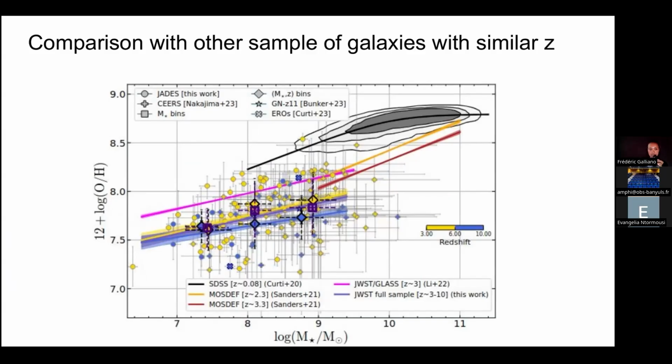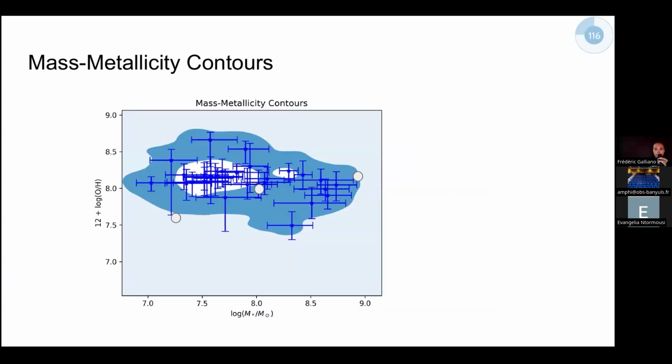From this small circle, we can see that our metallicity is in line with this previous study. And this is the gas phase metallicity in relation to stellar mass.